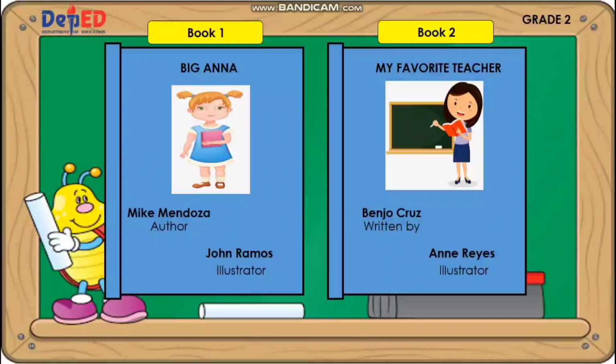Very good, Mike Mendoza. How about in the second book? Who do you think wrote the book? Very good, it's Benjo Cruz. Again, the person who wrote the book is usually introduced by author, or written by.